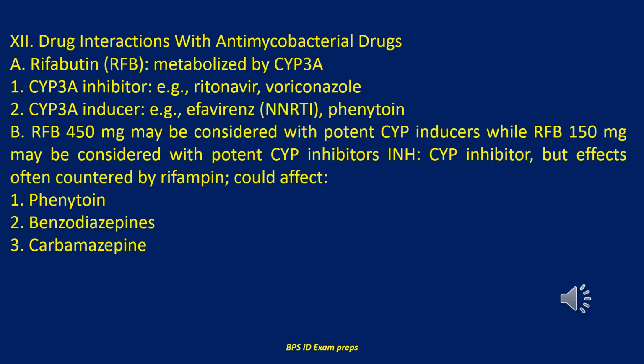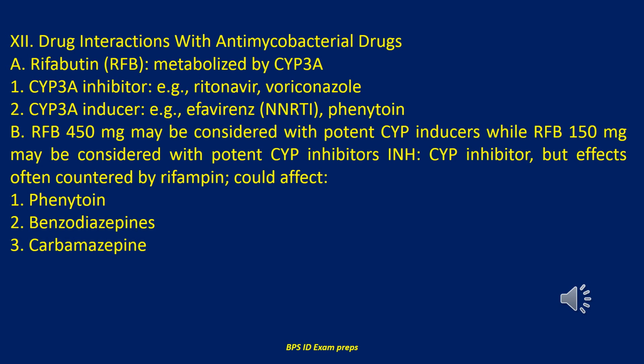RFB 450 mg may be considered with potent CYP inducers while RFB 150 mg may be considered with potent CYP inhibitors. INH is a CYP inhibitor, but its effects are often countered by rifampin.